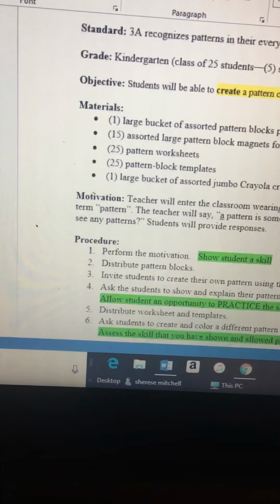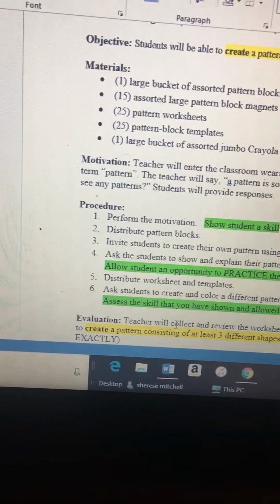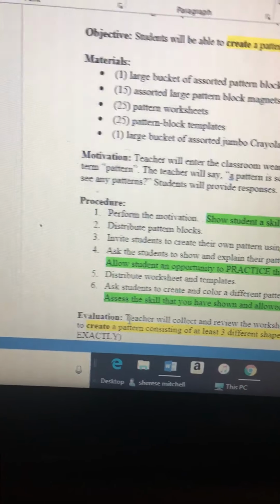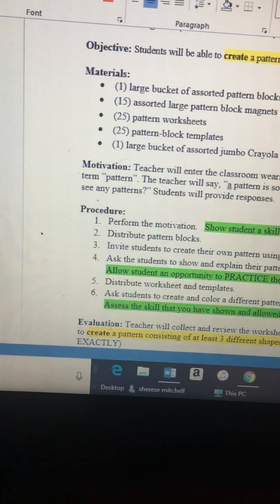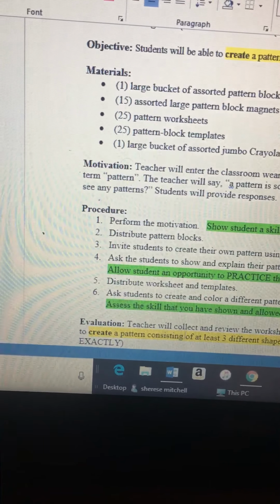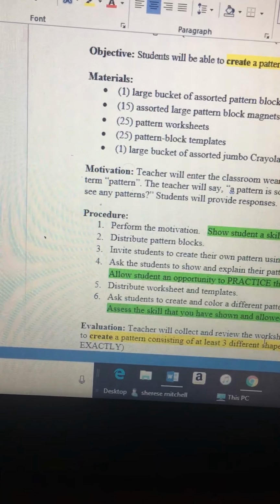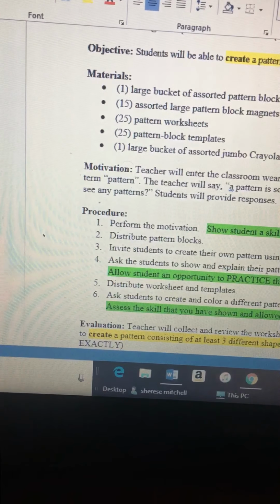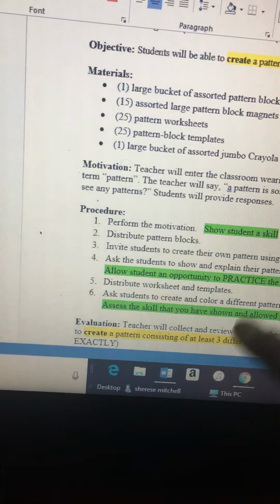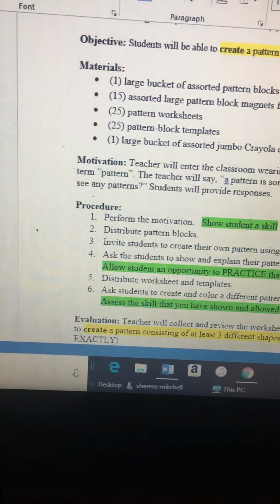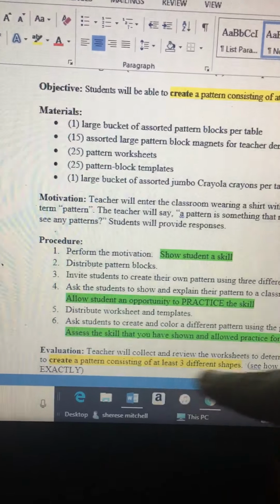And then for the evaluation, it says teacher will, because the evaluation is what will the teacher do to see if the students met that objective. So I always begin with teacher will, and whatever the action is. Here, they're collecting and reviewing worksheets. And you're going to put to determine if students were able to. You see how they're both yellow? You take the same wording from here and put it right into your evaluation.